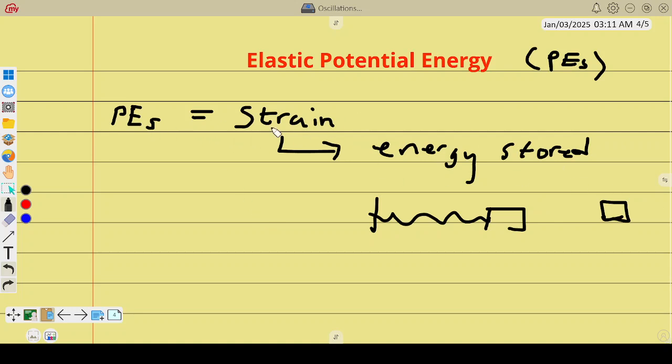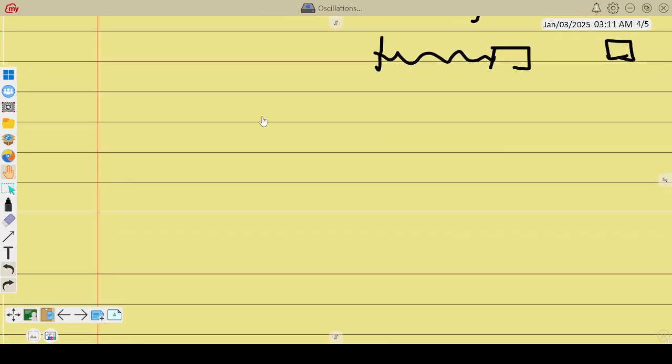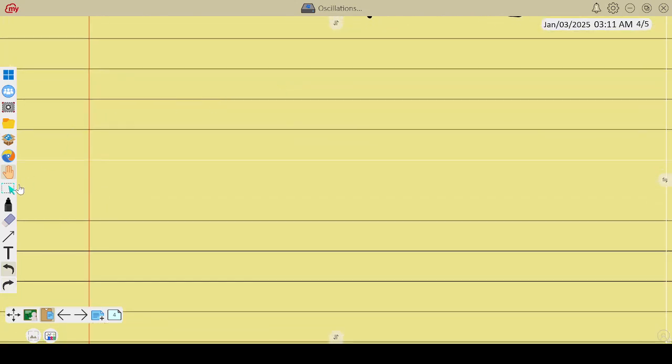So what is the formula for potential energy? Like I introduced, you just record the formula for the strain. The elastic potential energy is given by half kx squared.